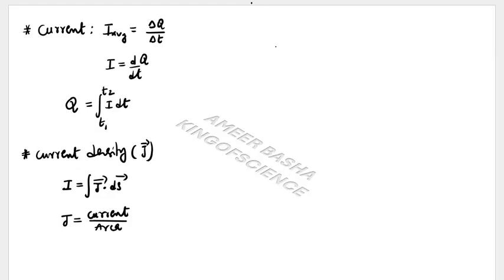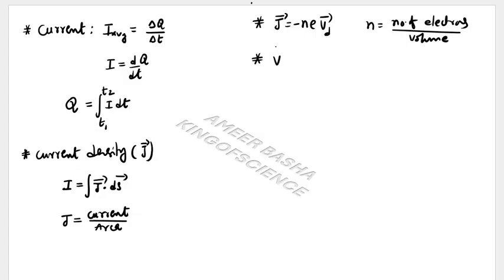Okay. So an important relation related to this current density is J is equal to minus NeVd. N is the number of electrons, that is charge carriers, per unit volume, the number density. Of course, e is the electric charge, Vd is the drift velocity.